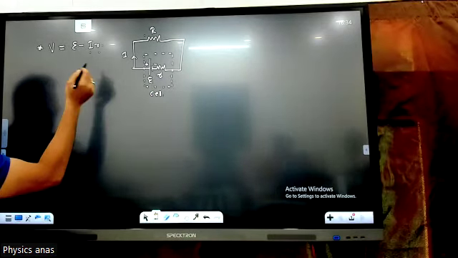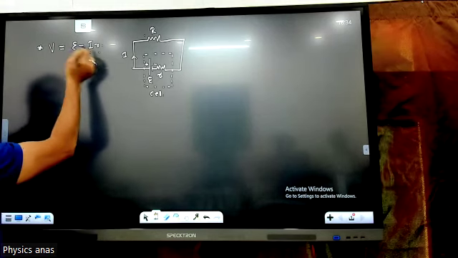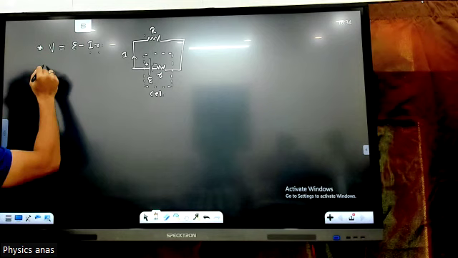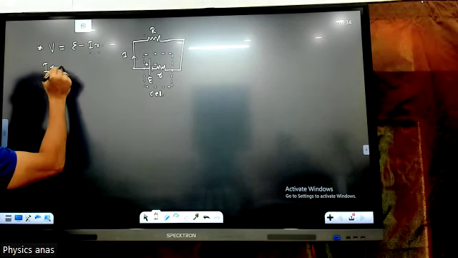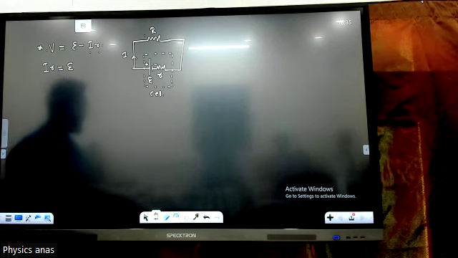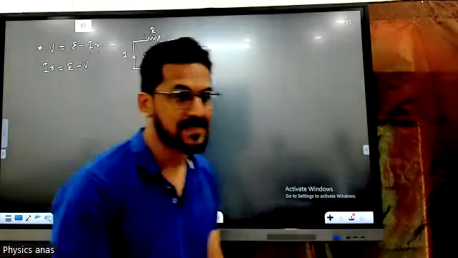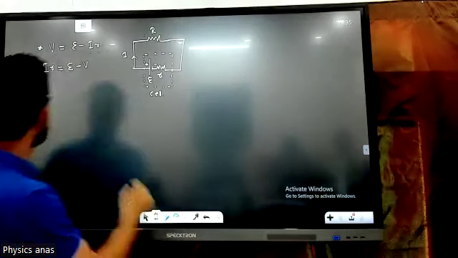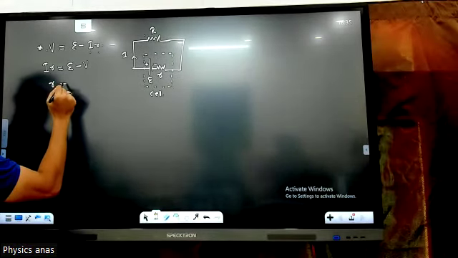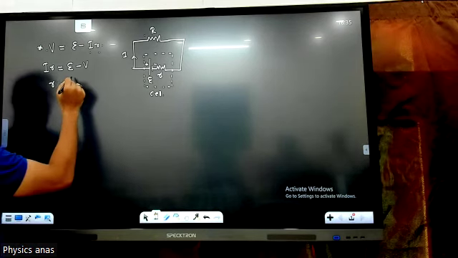From this equation, you can bring this IR to the other side. This minus IR to the other side will be positive IR. So IR is equal to E minus V. And you need this equation for R. What will be the equation for R?